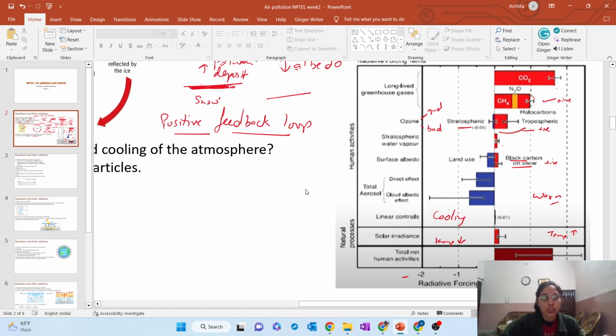So when a certain pollutant directly causes the warming or cooling, it is direct. When it affects another phenomenon in the atmosphere which causes the warming or cooling, that is an indirect or semi-direct effect. And this cloud albedo is one of the indirect effects of any aerosol.